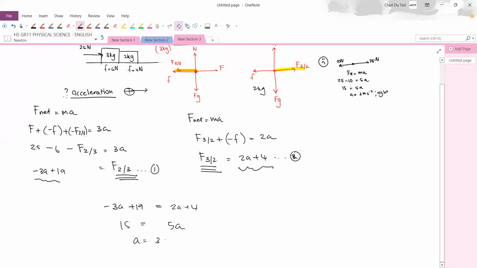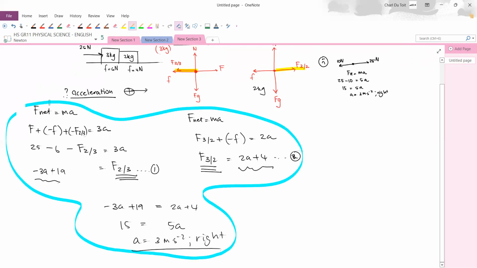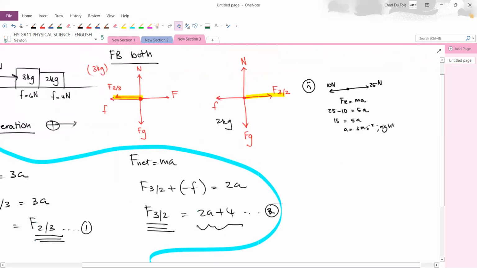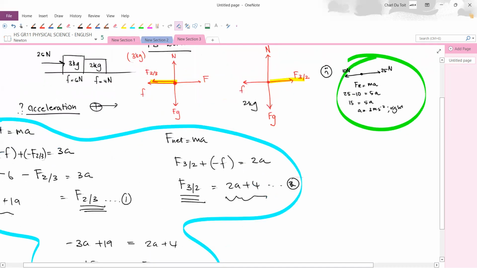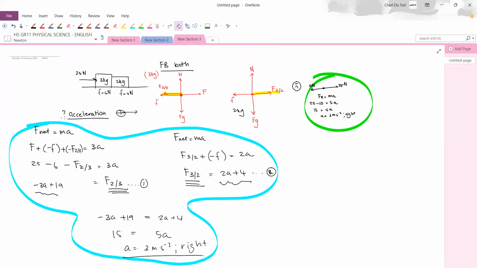Therefore, A is 3 meters per second square to the right. Same answer. Huge difference in calculation work. There's the one sum that you must do, and there's the other one. This one is much longer. Yeah, unfortunately, it's the one you have to use.